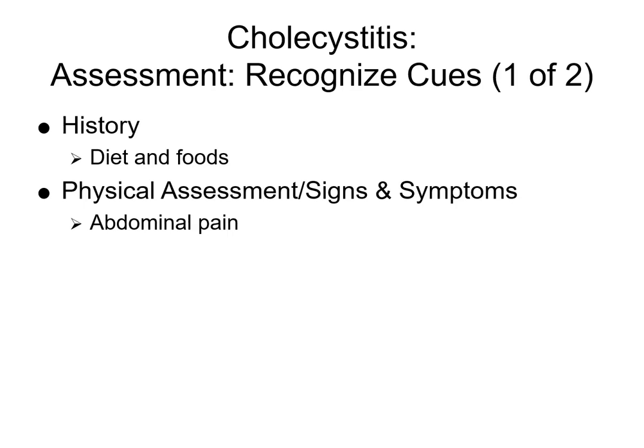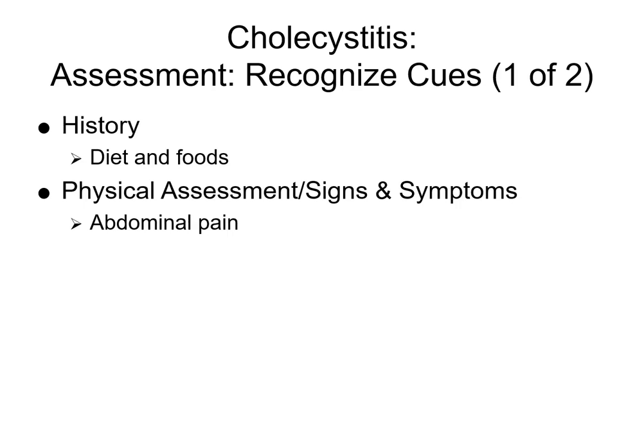Okay? Now, in chronic gallbladder disease, you may see that patient with jaundice, because remember, the gallbladder is tucked underneath that liver. So if the ducts are blocked in any way, then you're going to see symptoms from the liver. You're just going to see some liver dysfunction, and this is going to be jaundice.